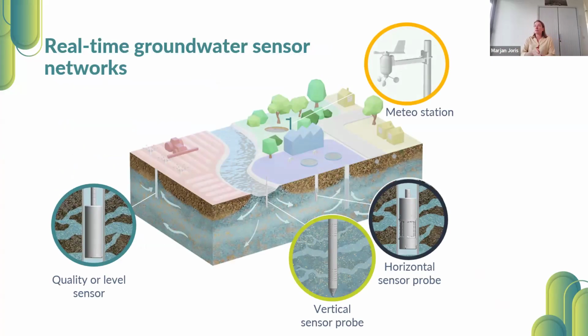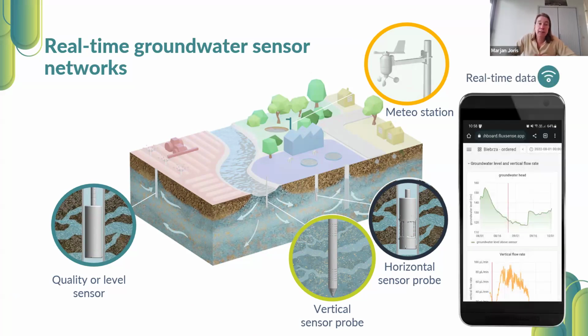So the real-time groundwater sensor networks are networks that are set up with semi-continuous measurements where we measure groundwater flow with the iFlux sensor, where we can measure vertical and horizontal flows. These sensor measurements we combine with other quality sensors or level sensors available on the market, but also other water data, so we can also follow up the weather and surface water to better understand the complete water system.